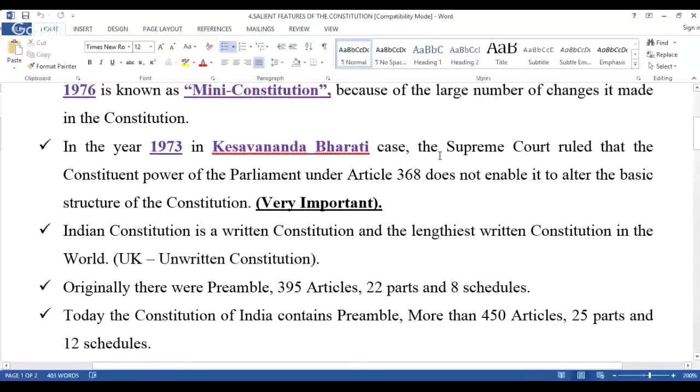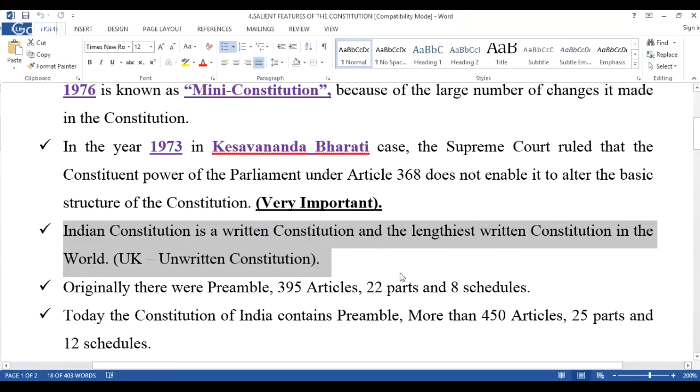Look at this. Indian constitution is a written constitution and the lengthiest written constitution in the world.